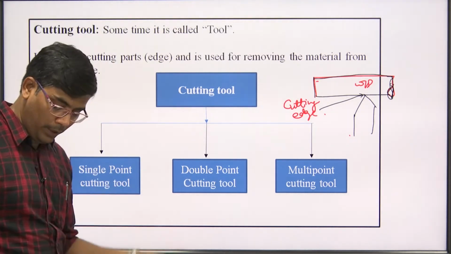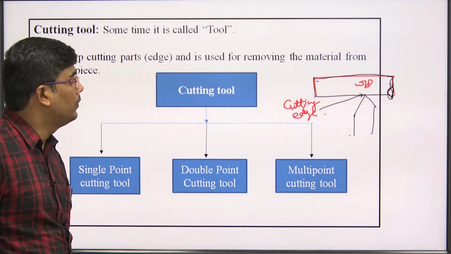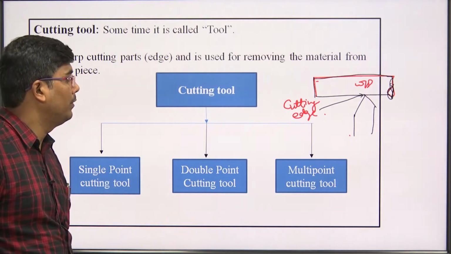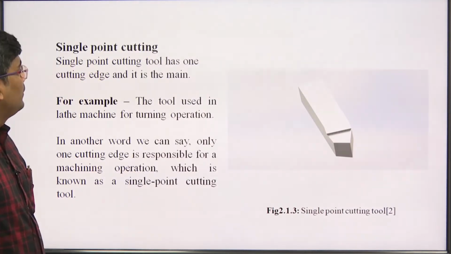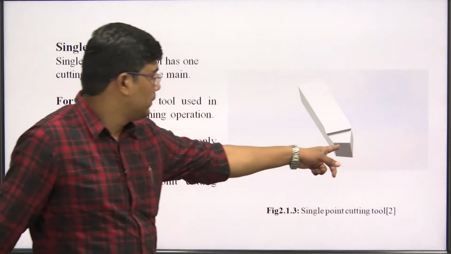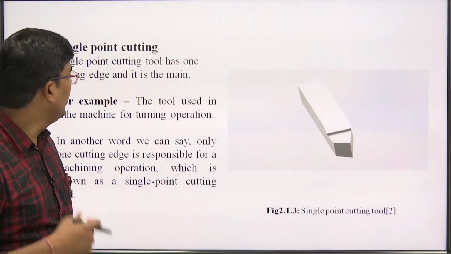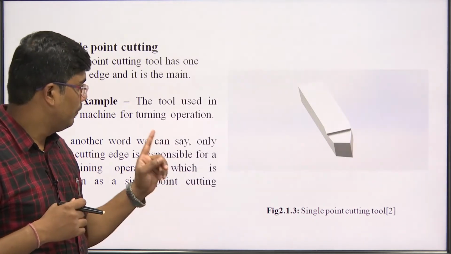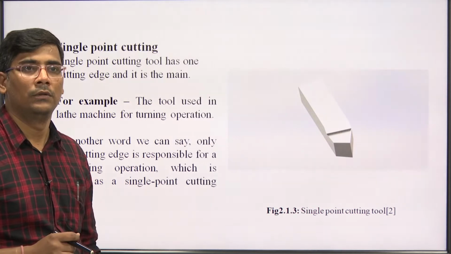So whatever is responsible for cutting and metal removal, whether for wood, metal or plastic, that is called the cutting edge. In a single point cutting tool, you can see here, this is a single point cutting tool used in lathe machine turning operations. In a single point cutting tool there will be one cutting edge responsible for the machining operations.